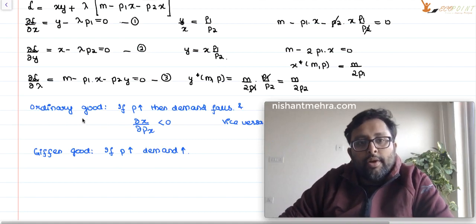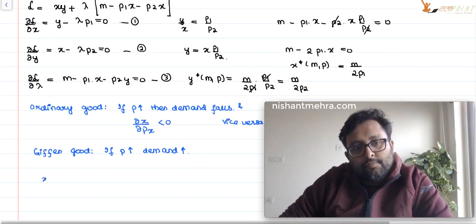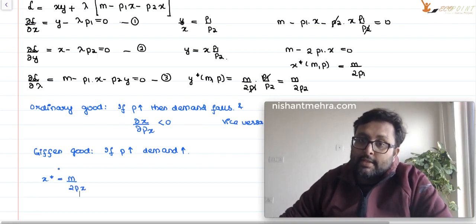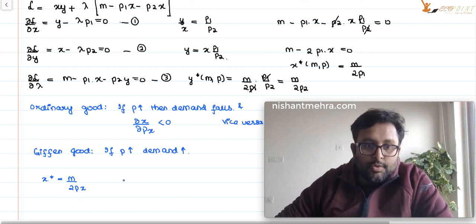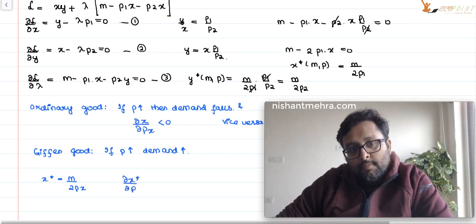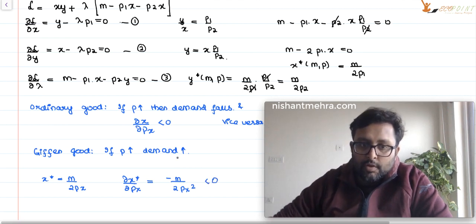Well, you already have x star as m by 2px. Let us just check whether x is an ordinary good or it is a Giffen good. So del x star by del px is what? Minus m upon 2 px square. This is less than 0, right?